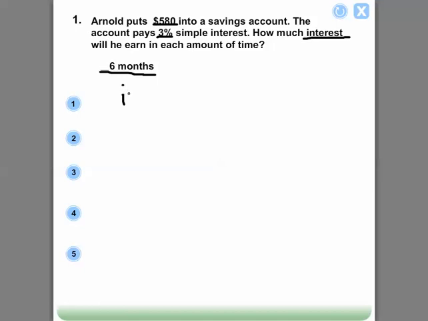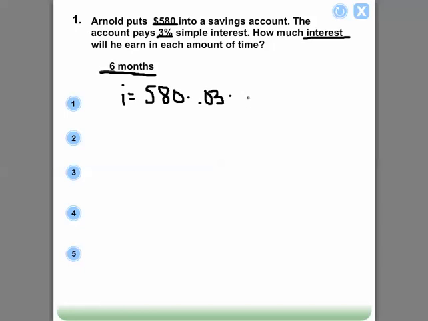We have I equals P, so 580, times R, which is that percent written as a decimal, 0.03, times T, which is time in years. They gave us 6 months, and we know 6 months is half of a year. We always want to express our time in years.